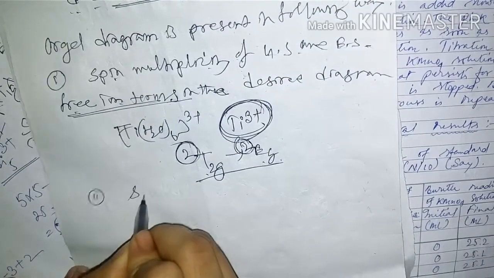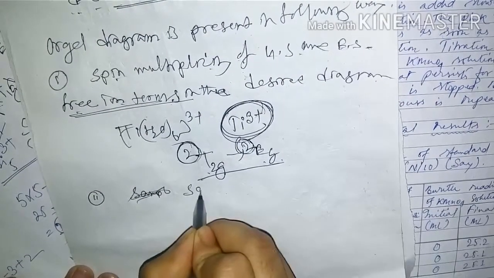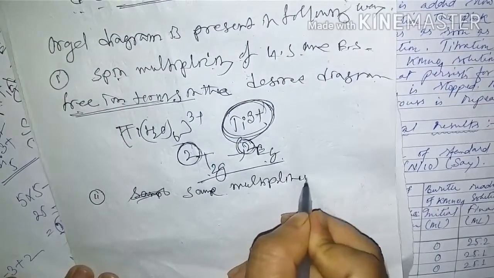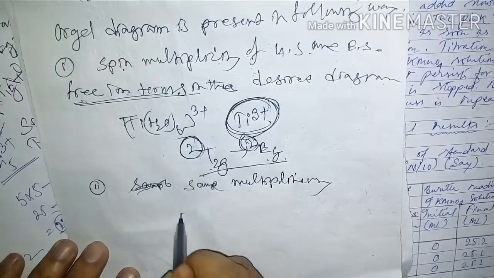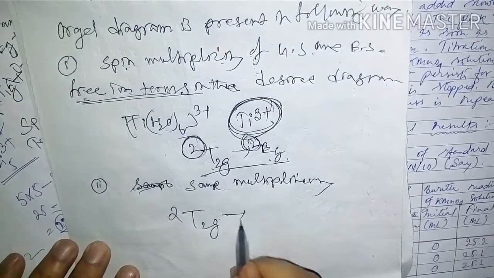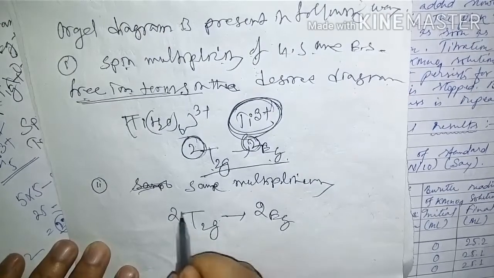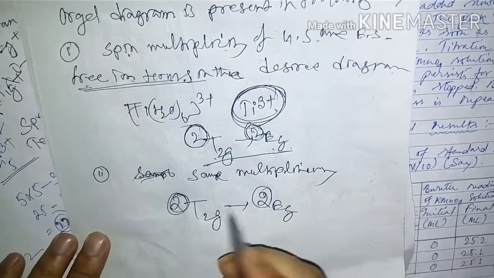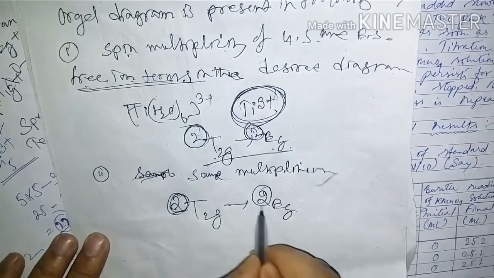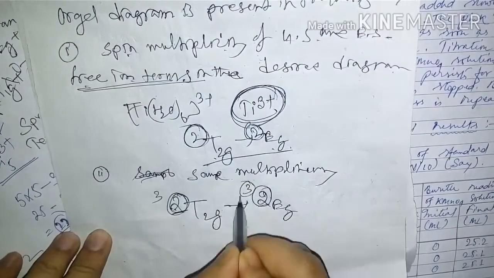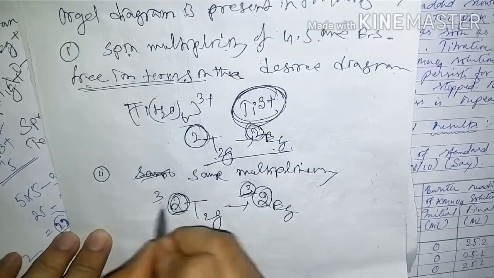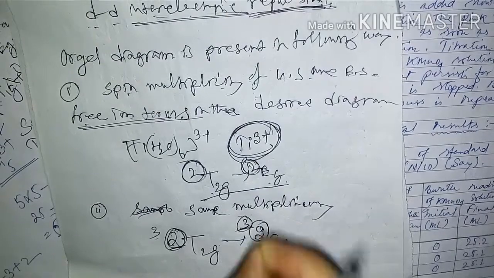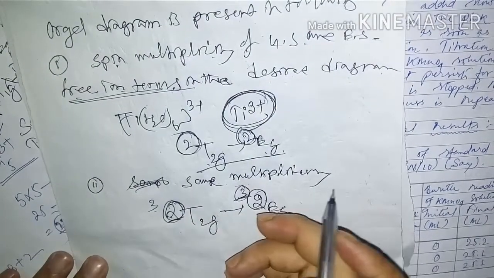Same multiplicity, suppose 2T2g to 2Eg, same. If the multiplicity is not the same, this is a forbidden transition. So same multiplicity: here 2 then 2, suppose here 3 then here also 3. If 4, here also 4 is needed. So the spin multiplicity should be the same.